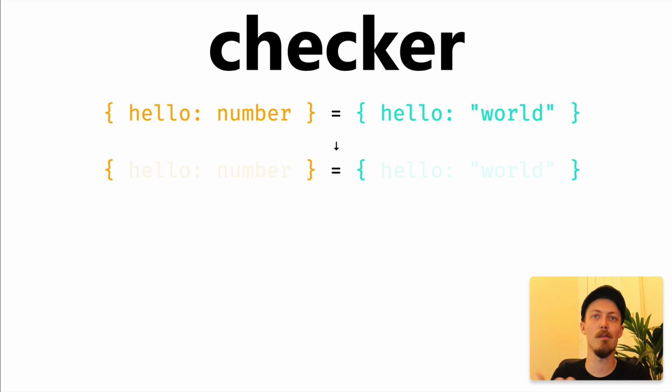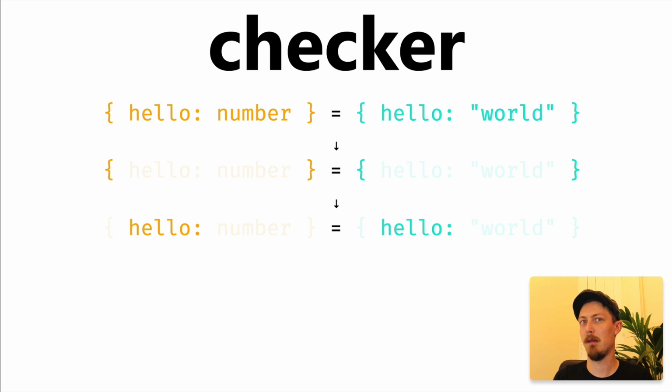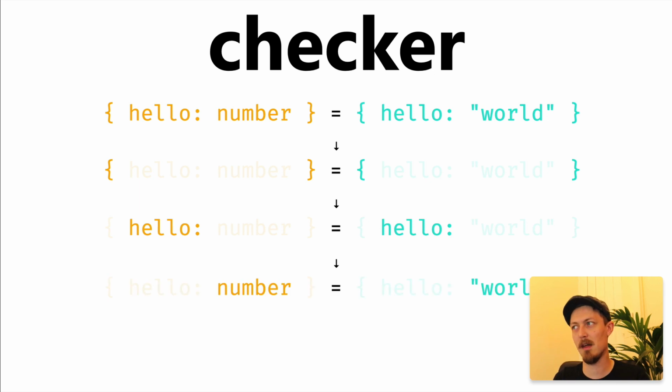And that would move on into, hey, what fields are available inside this object? It would start at the first one, in this case hello, and then it would check, hey, do you have a return type? Okay, if you do, then are these two assignable? And it's at this point that the checker would fail on these two objects, as you would have probably imagined in your head.